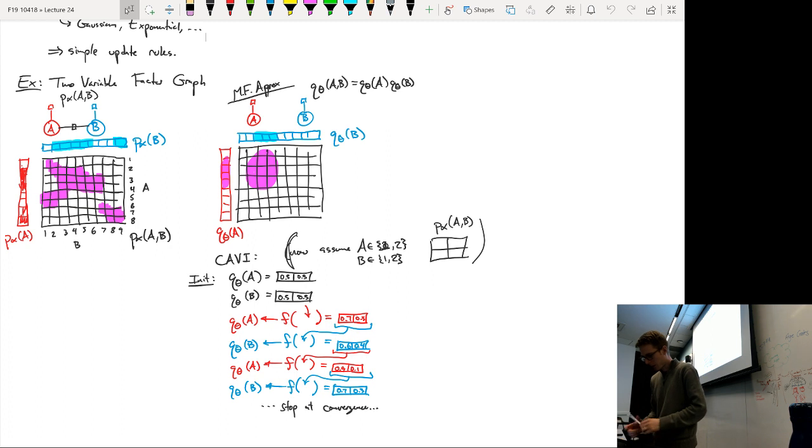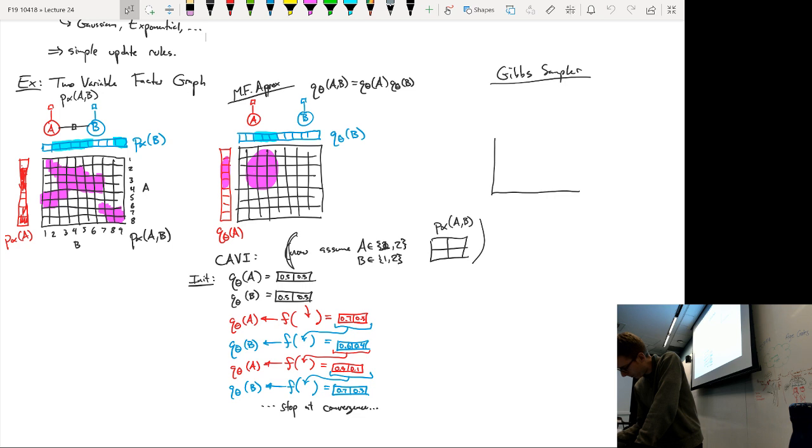A Gibbs sampler is saying, suppose what we did was we just kept track of a fixed point estimate, ZA, and a fixed point estimate, ZB.